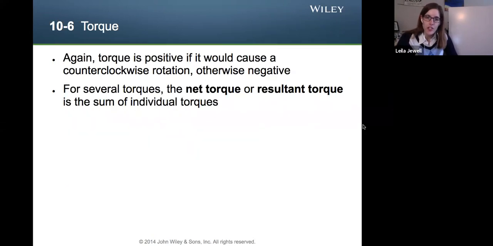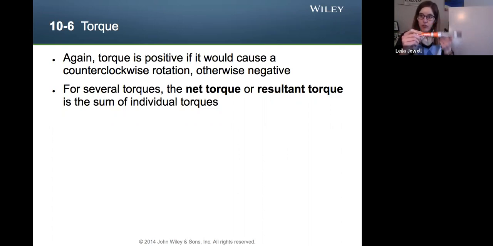Okay, and just as we saw with our rotational variables, we define torque to be positive if it would cause a counterclockwise rotation, and otherwise we say that it is in fact negative. So you could imagine this where if I have a bar here, if a force acting on the bar would cause it to rotate, if that's the only thing acting on it, clockwise, then we say that is negative torque, right?